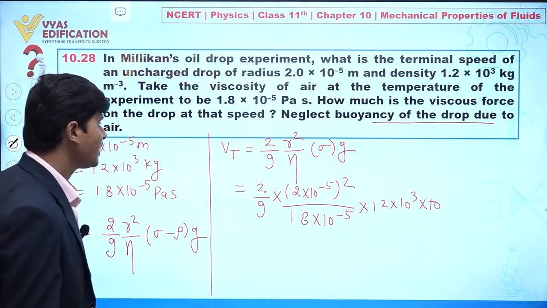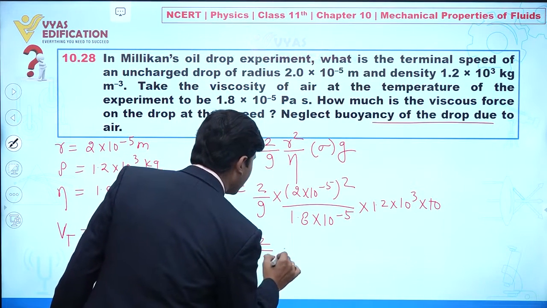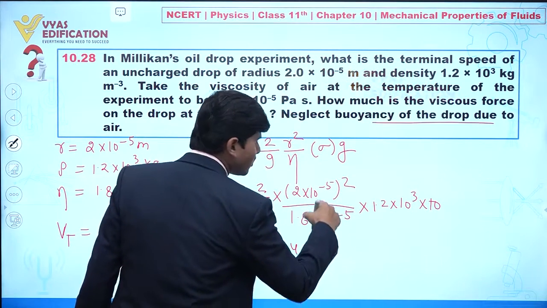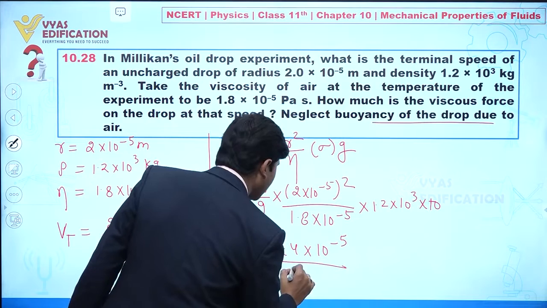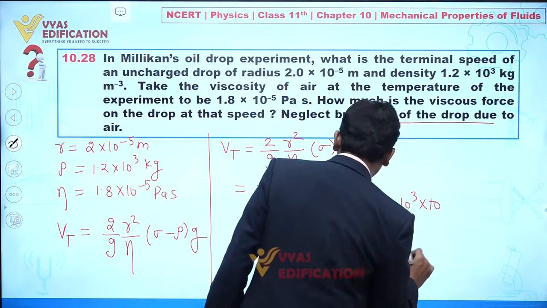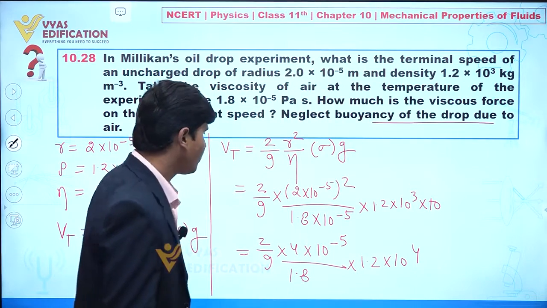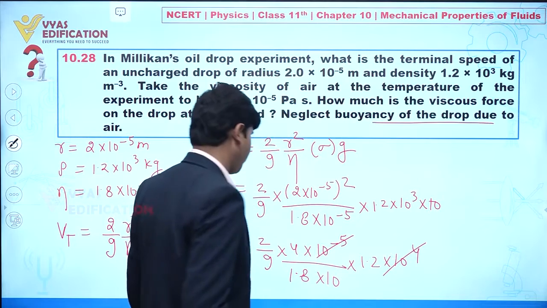From here, if you calculate, you get 2 by 9 into 4 into 10 to the power minus 10, and this is cancelled by this one. This is 1.8 into 1.2 into 10 to the power 4. So from here we are getting only 10, and I am writing this 10 here.